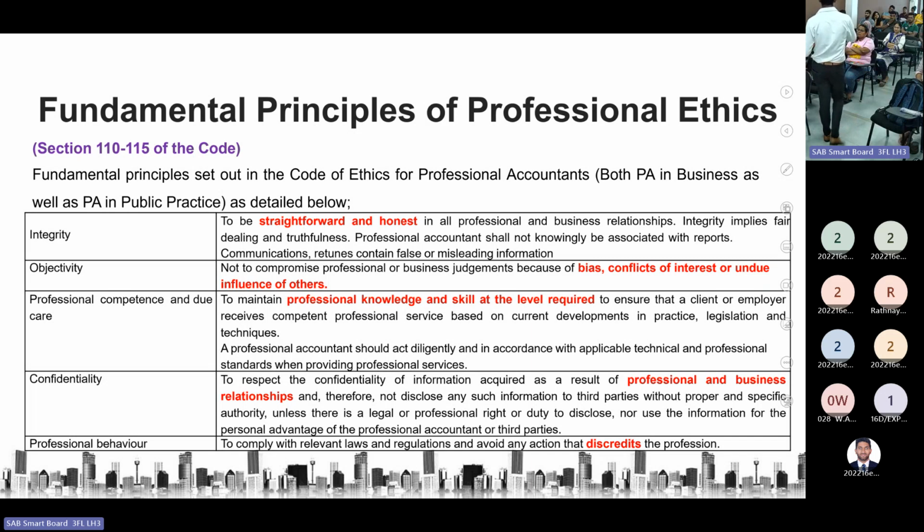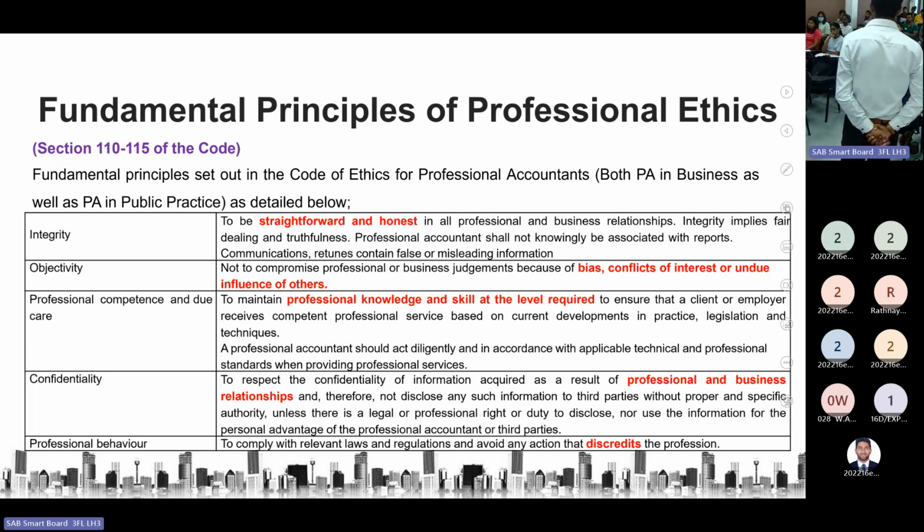Because if you are a person of integrity, you are honest in what you are doing, you are a straightforward person, you are telling the truth, then you make a good place to live. So integrity is kind of like that. So as a professional, you need to be straightforward and honest in what you are doing, in every business relationship and in the professional context.